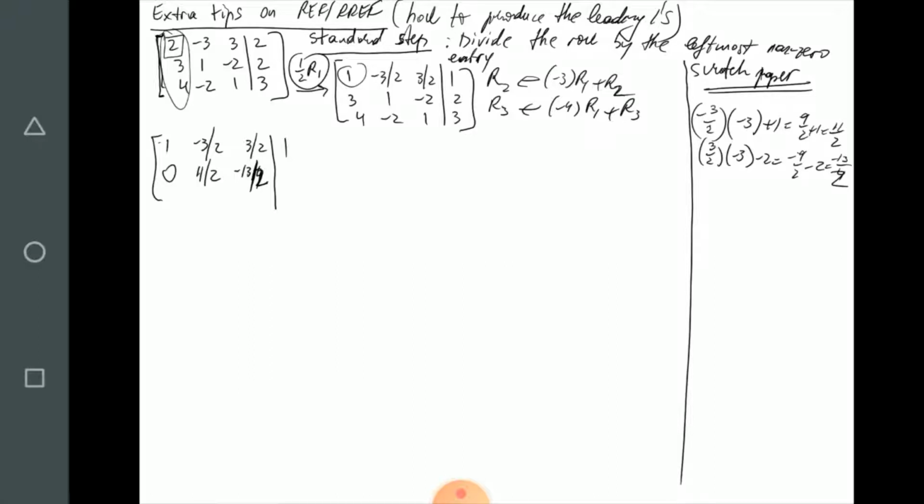Last entry, we could do that in our minds: 1 times minus 3 plus 2, that's minus 1. Last row, minus 4 times row 1. Minus 4 times 1 plus 4, that's 0. Scratch paper again: minus 4 times minus 3 over 2, minus 2. 12 over 2, that's 6. Minus 2 makes it 4.